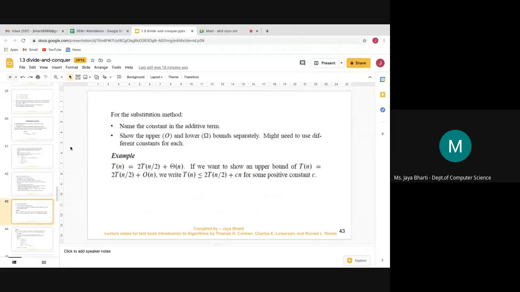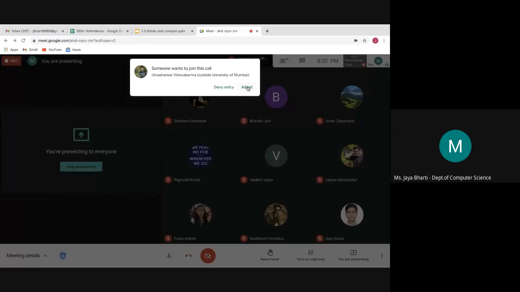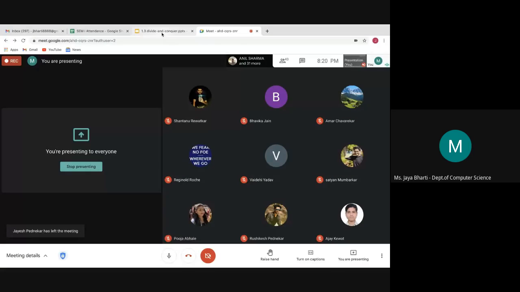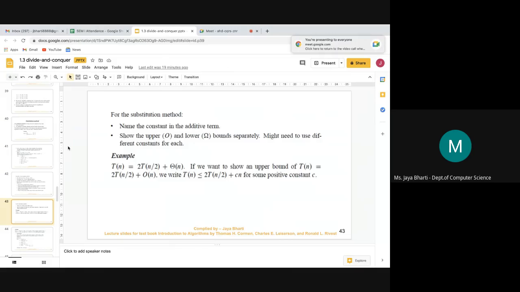So, guessing the right solution takes lots of experience. You cannot guess randomly that this will be the solution for this recurrence, this will be the solution for this recurrence. So you need to analyze multiple recurrence relations, then you will get to know what could be the solution for this type of recurrence relation.